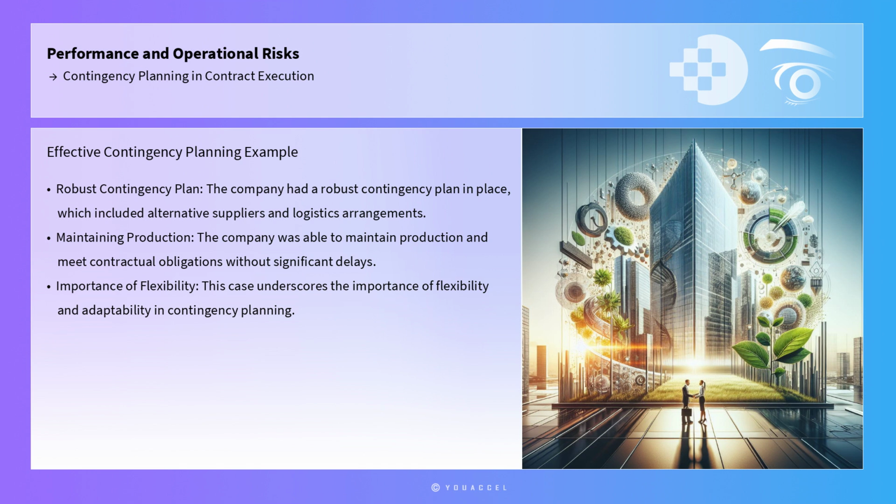By having a robust contingency plan in place, which included alternative suppliers and logistics arrangements, the company was able to maintain production and meet contractual obligations without significant delays or financial losses. This case underscores the importance of flexibility and adaptability in contingency planning, ensuring that organizations can pivot quickly when faced with unforeseen events.